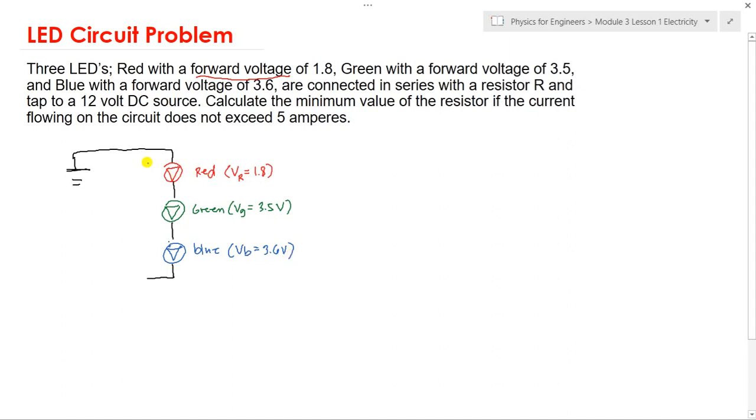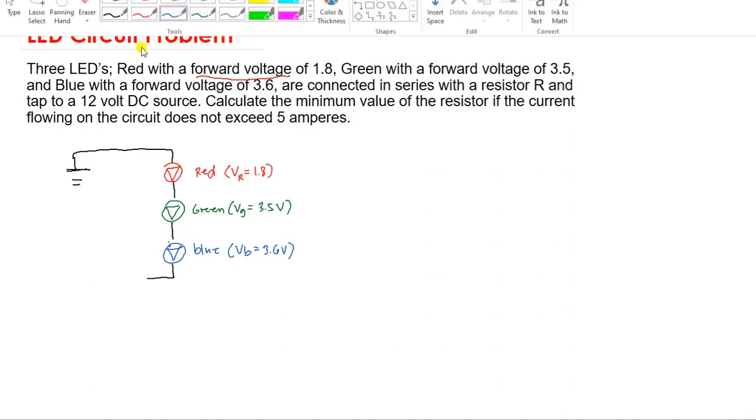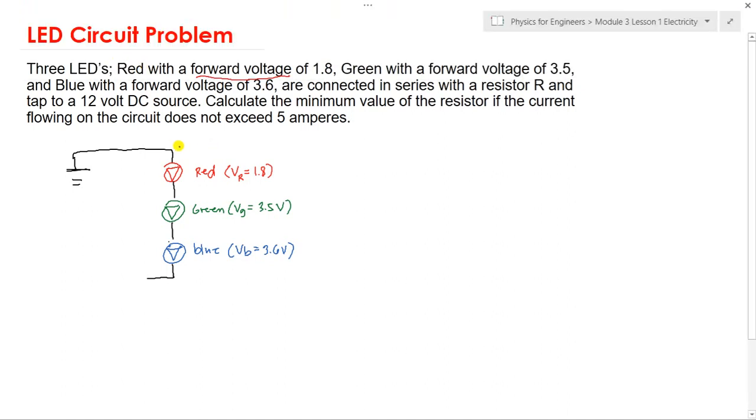Of course, for these LED classes, again, as I have told you, all components have resistance. So meaning, they also have a small inherent resistance. Because all loads, whether LED or not, we can model as a resistor.